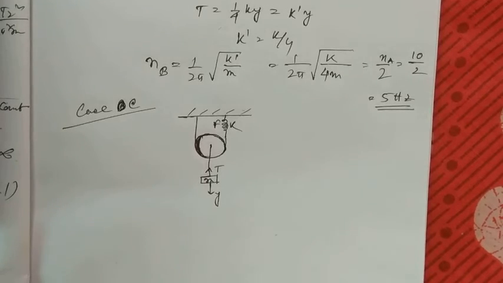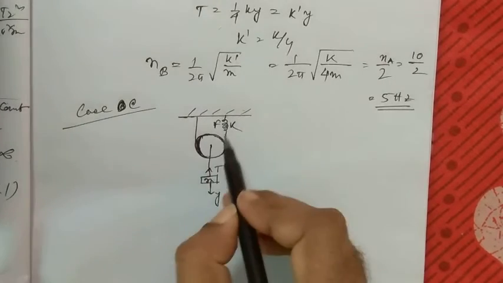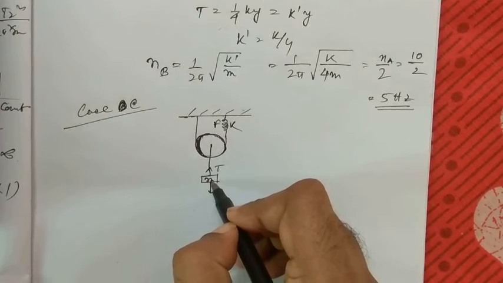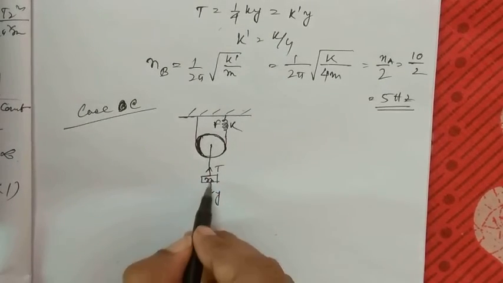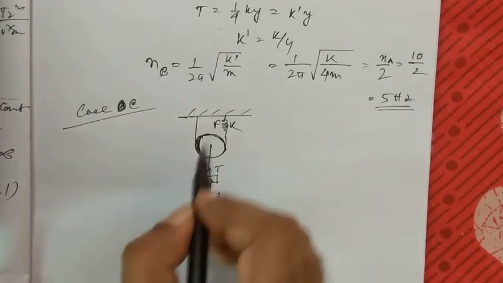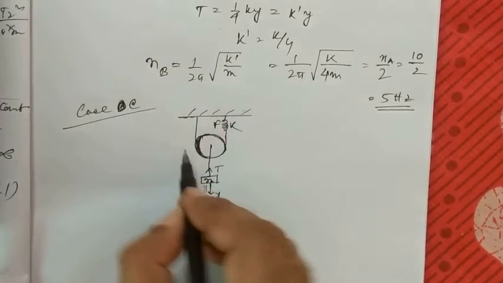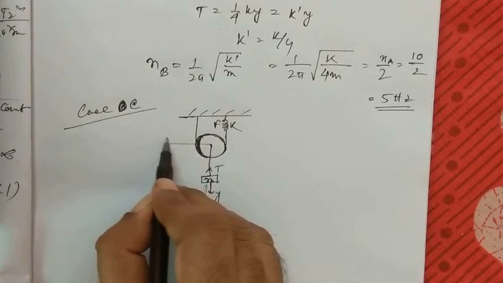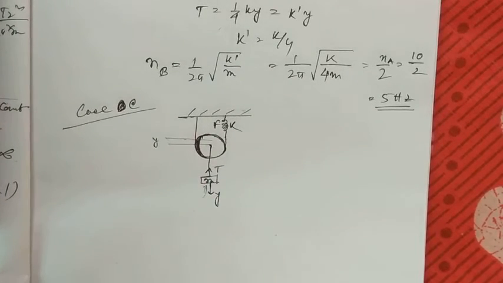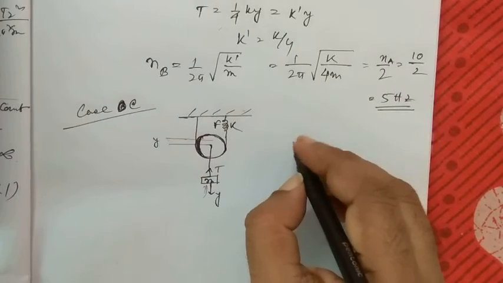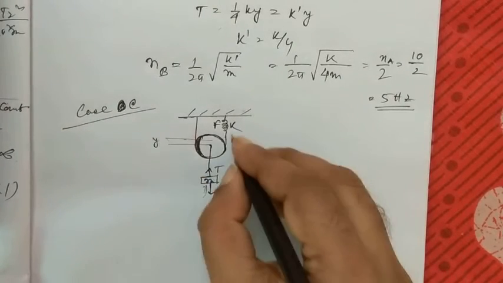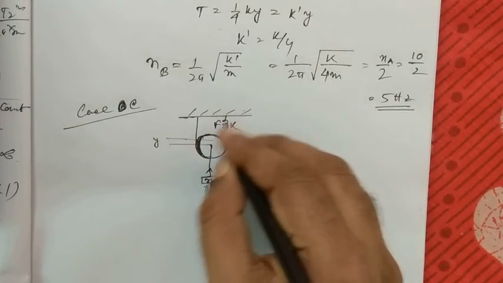Now case number C. In this situation, if the mass M moves by distance y, the pulley will also move by y. The pulley will also shift by a distance of y. So the spring will be stretched by a distance of 2y.